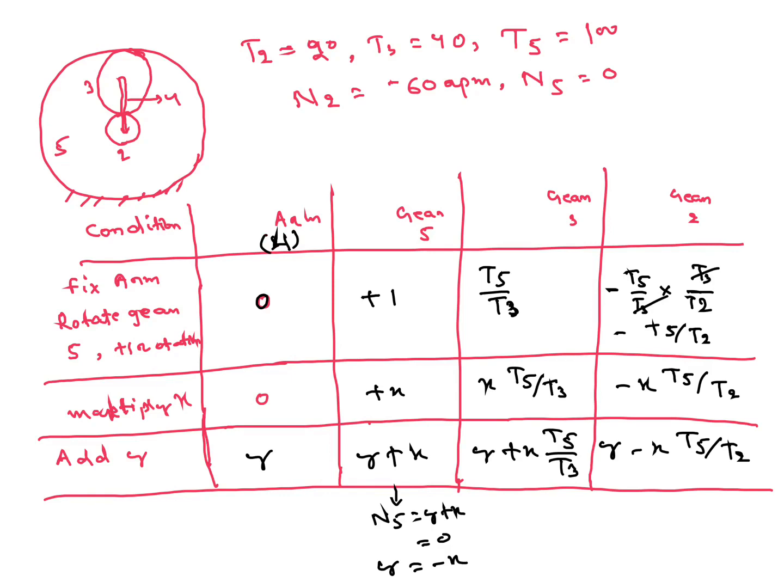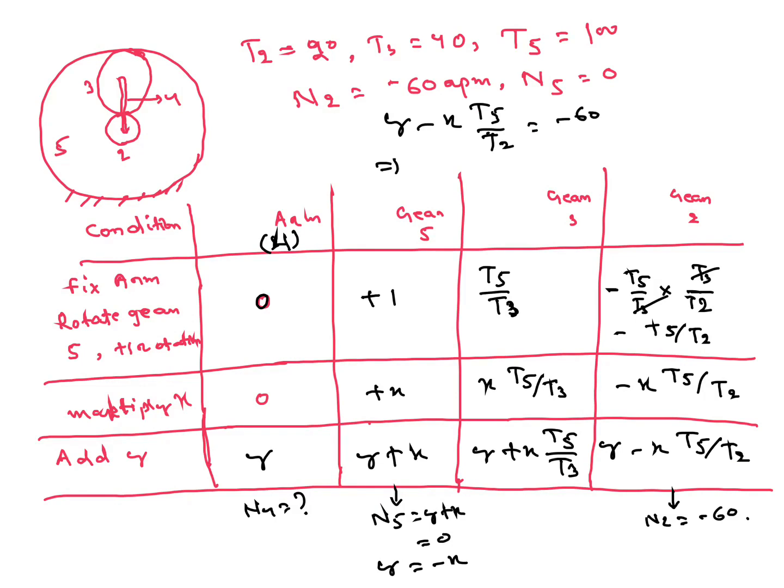N4, we have to calculate the y value. So given gear 2 is minus 60 rpm. So y minus x into T5 by T2 is equal to minus 60.